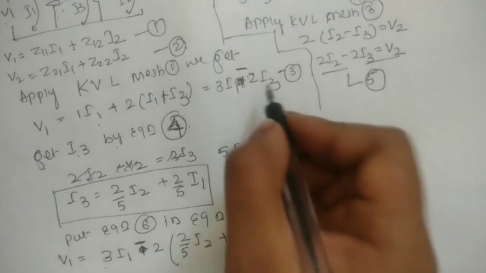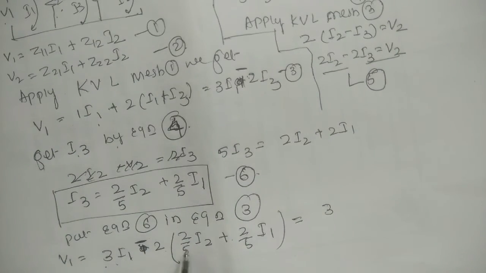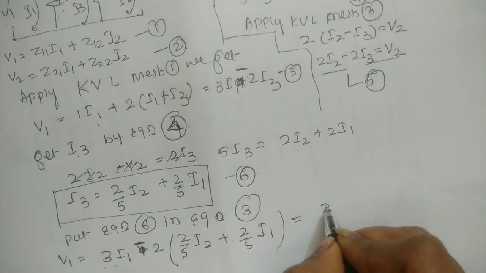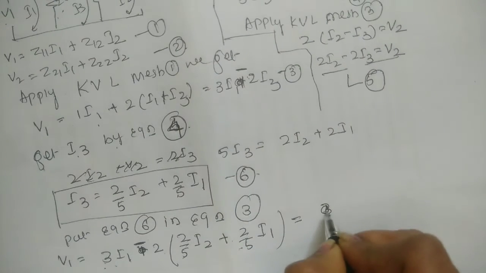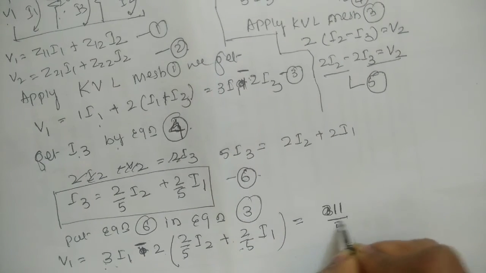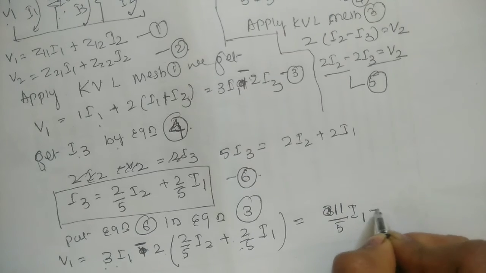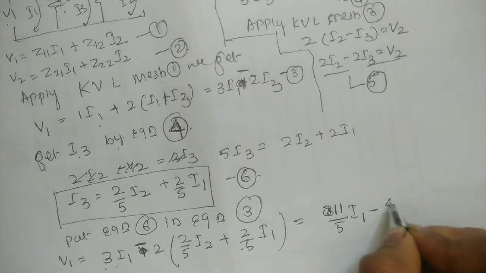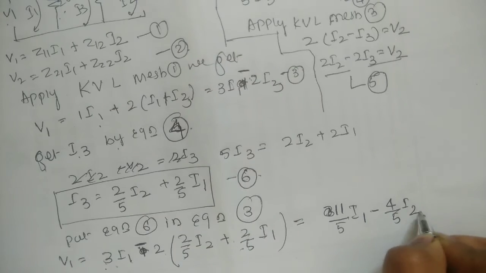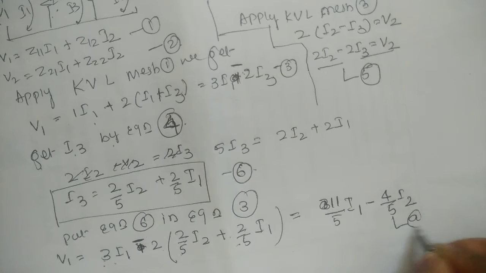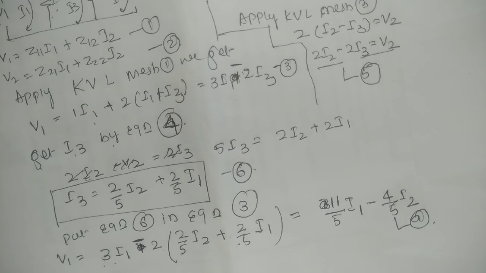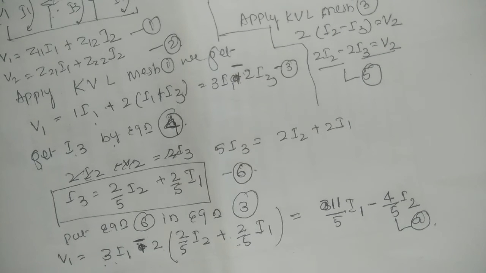Yes, correct. It is a minus sign here, equals minus 3 minus 5. Correct. It is 11 by 5 I1 minus, common, 4 by 5 I2. Correct. This one is I1 and I2. V1 equals, V2 equals what will you get that one?